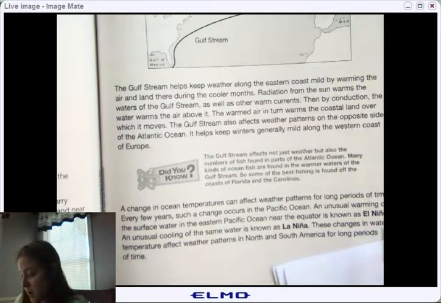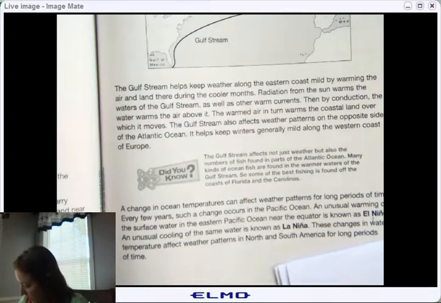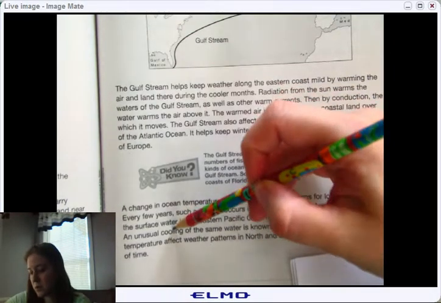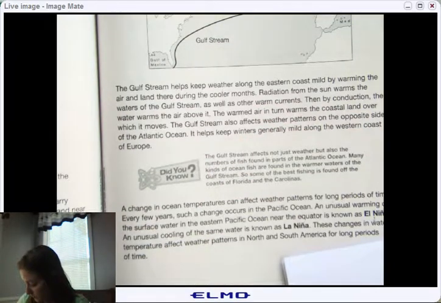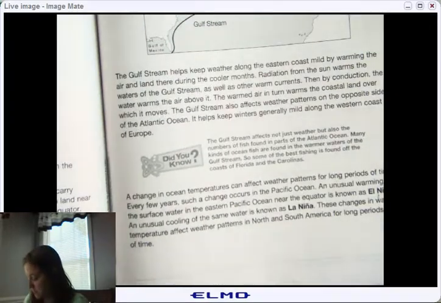El Niño is the unusual warming of surface water, so this is warming. And La Niña is then the unusual cooling of the same water. These changes of water temperature affect weather patterns in North and South America for long periods of time.